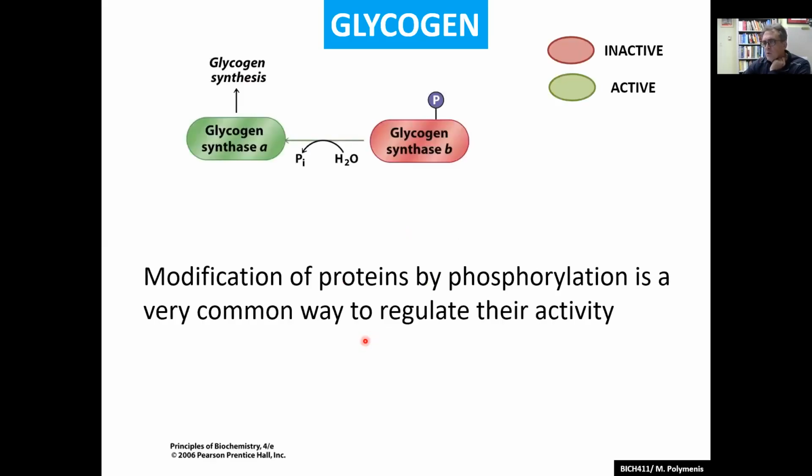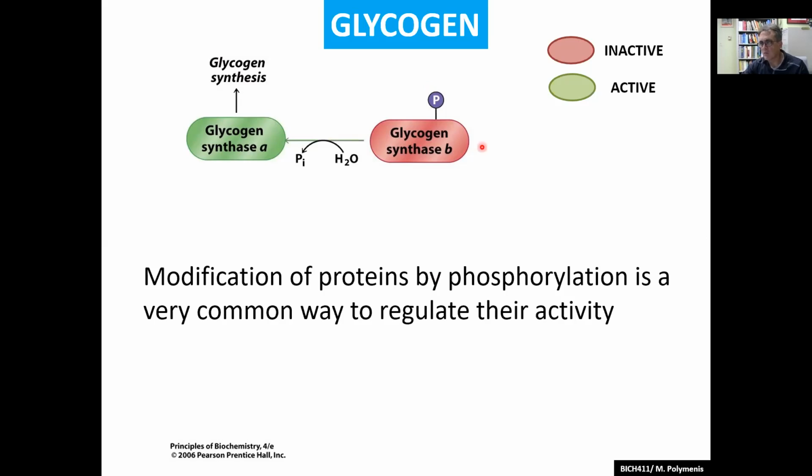So modification of proteins by phosphorylation is a very common and ancient way to regulate their activity. How common? Well, this is something that has been studied a lot in the last few years. Methods became available. So the human genome has about 500 different protein kinases. These are enzymes that modify other proteins, and they put a phosphoryl group on them.